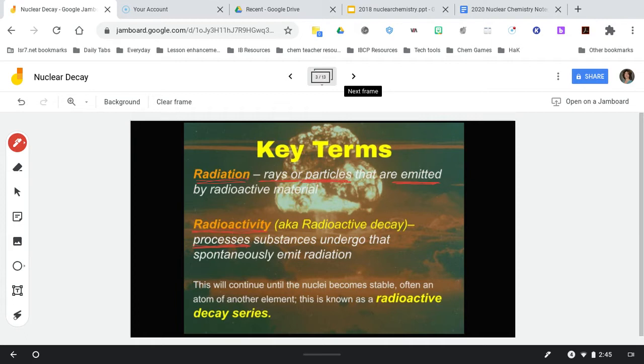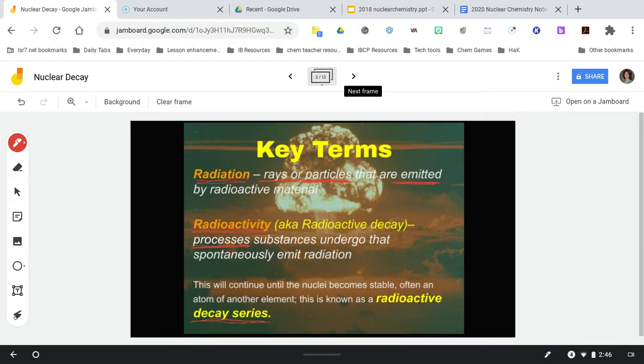Particles or radiation are the particles that come from that process. So when you have a big unstable nucleus, it can't stay together, so it comes apart. That is radioactivity. Sometimes they're so big and so unstable that they have to come apart step by step by step. We call that series, or those steps, a decay series.